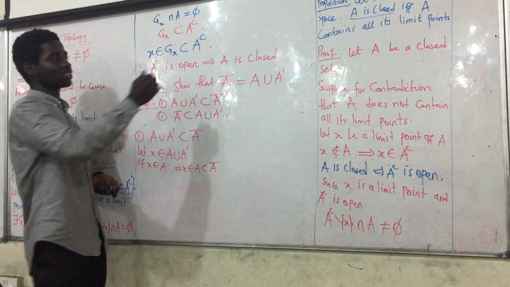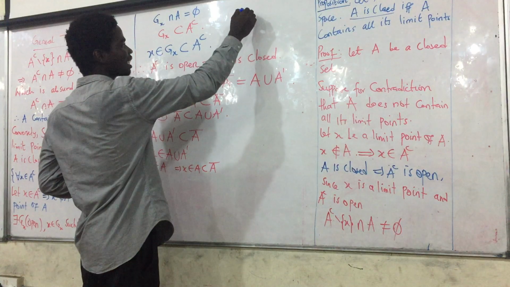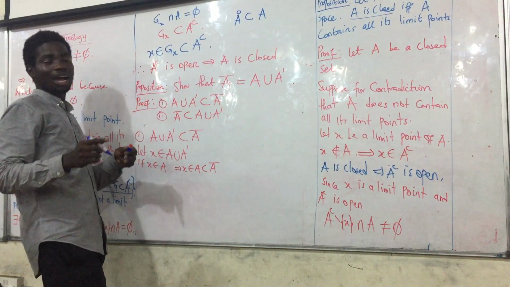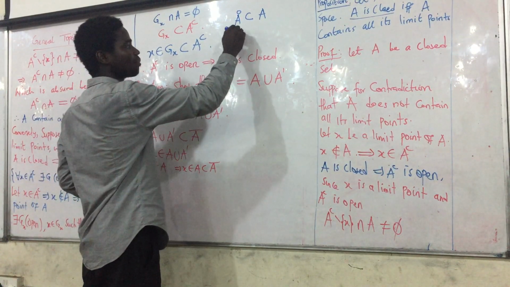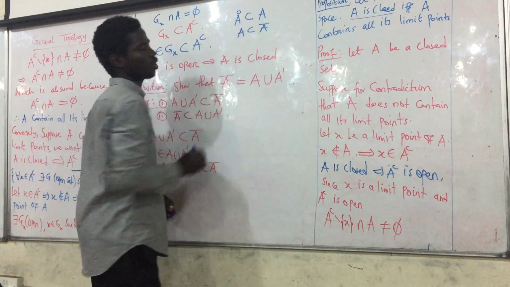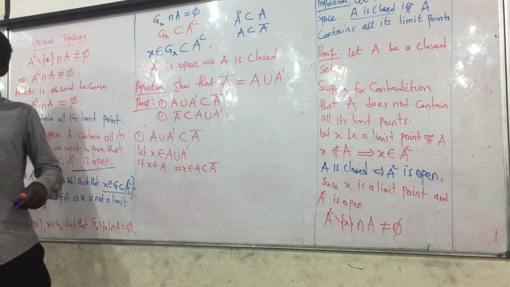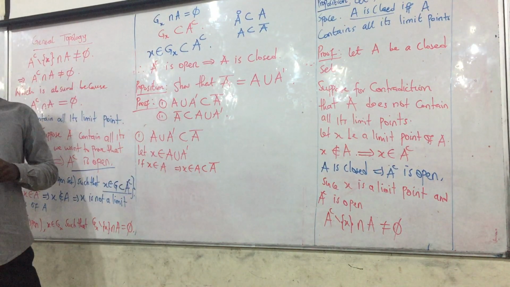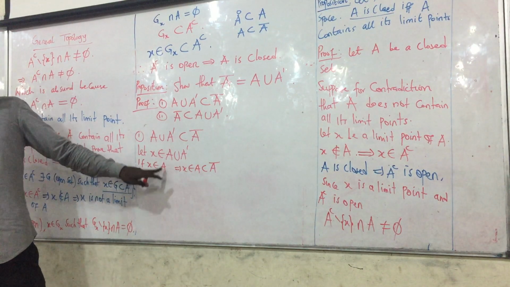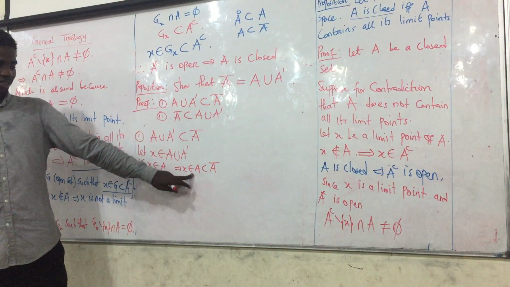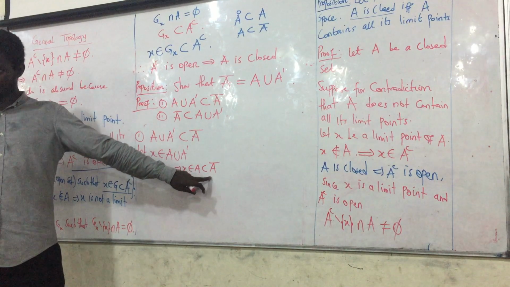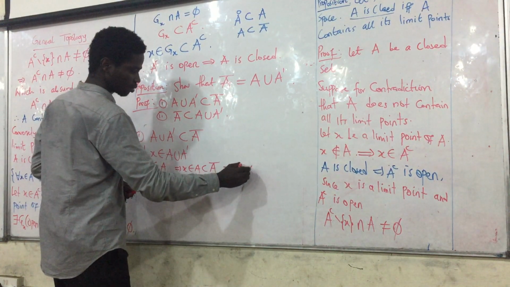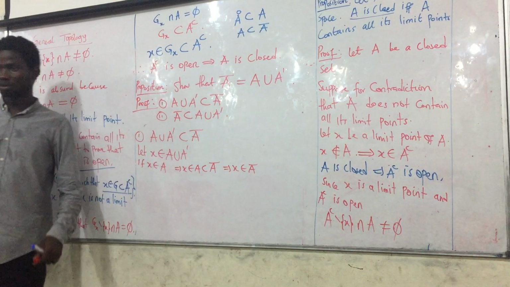Don't forget, I said that the interior is the largest open set contained in A, and the closure is the smallest closed set containing A, right? So if S is in A, it's also in the closure. That means that S belongs to the closure.